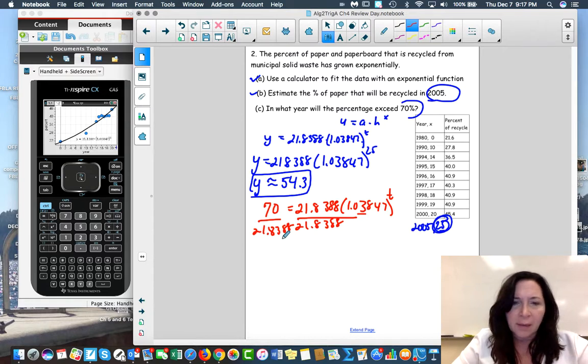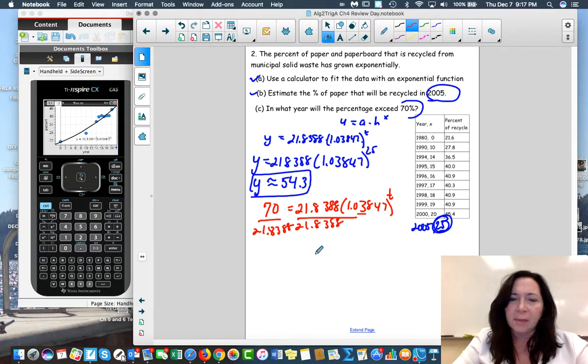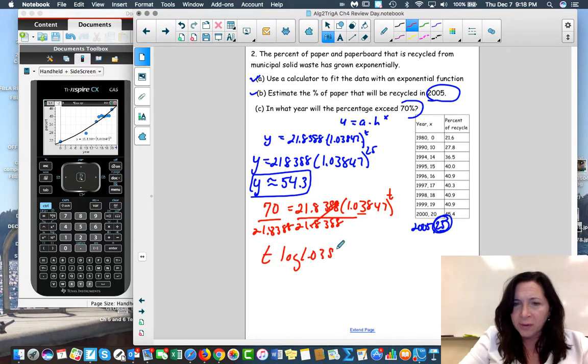When all is said and done, these canceled. I had to log both sides, meaning you're going to take log or ln. Either one will work. You're going to get the same answer.